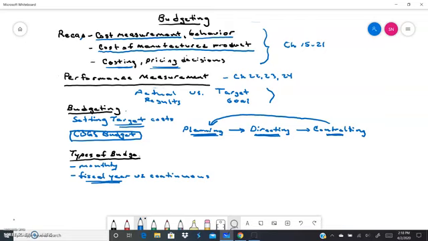So if we are in June, we only have 6 more months to go. Continuous means that we always have a rolling 12-month period. So if we're in June, then we would go to the following May, and so we'd have a continuous 12 months. So we'd always have a 12-month period. The fiscal year is we're just looking at that particular year, and if we're in November, that means we'd only have 1 more month to go after that.